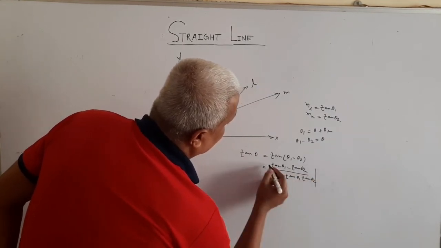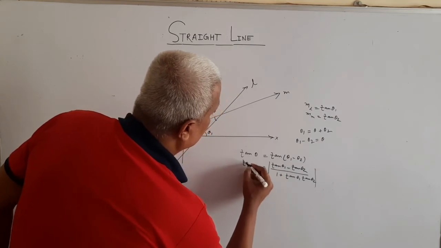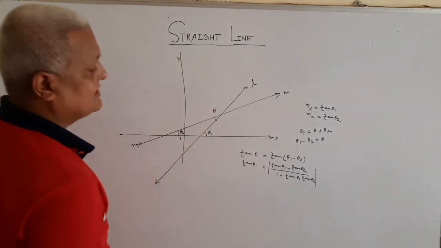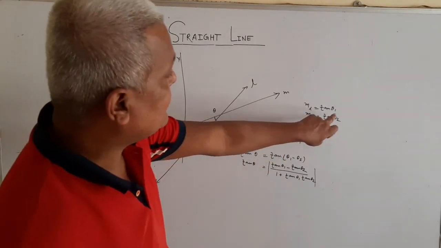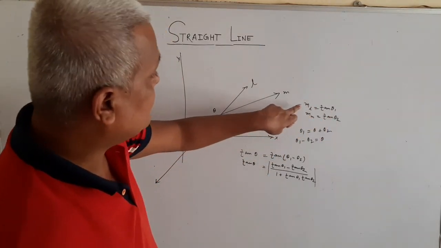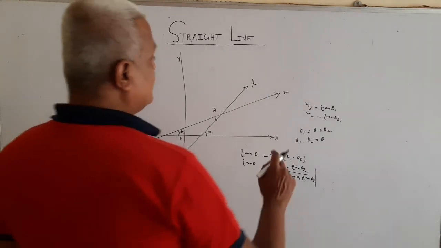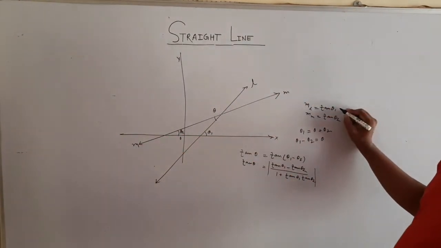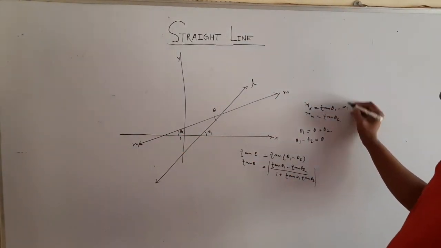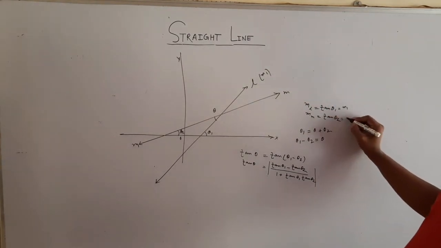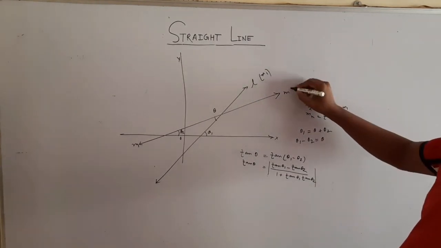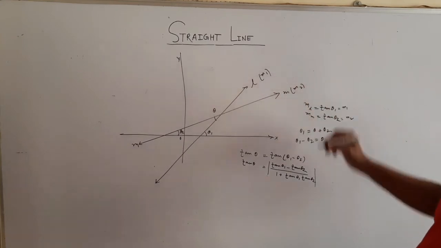Theta 2 we write in the mod, or even if you can leave it like this. Now theta 1, you all know that tan theta 1 is the slope. So for convenience, I write M1: the slope of this line is M1 and the slope of this line is M2.